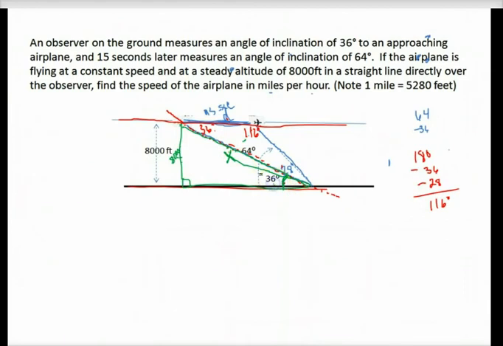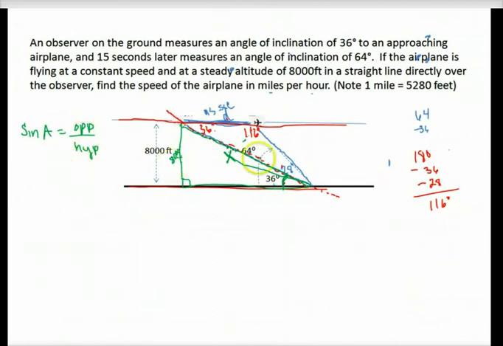The 8,000 and the x, what are they related to that angle? Well, x is the hypotenuse, we know that. The 36 degrees is across from the 8,000, so that's our opposite. So I'm dealing with the opposite and the hypotenuse. What trig ratio is that? That is sine. Hopefully you remembered sine.